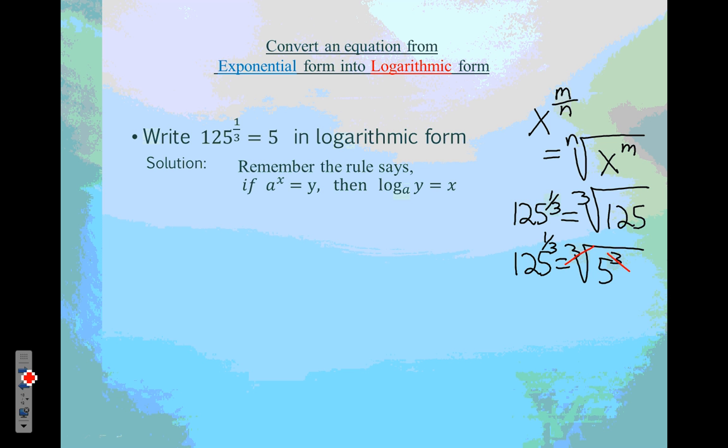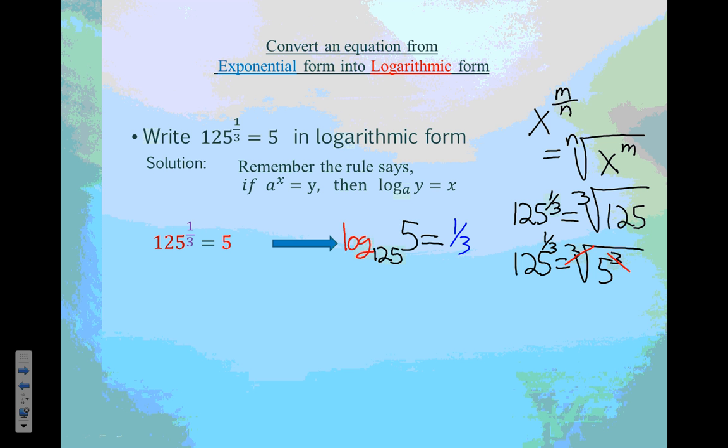Now let's see how we convert it into logarithmic form. We will write log. What's our base? Our base is 125. Let me use a different color. Log base 125 of, what's the answer, the argument? So log base 125 of 5 is equal to, use a different color, the exponent, 1/3.